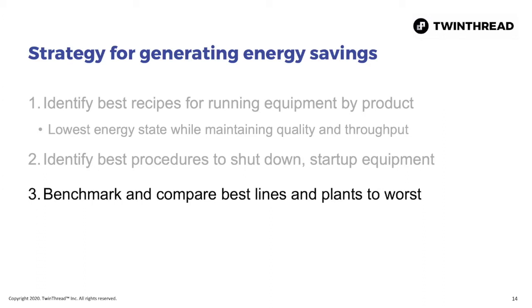What is causing line A to consume more energy on the same product at the same production rate? What are the differences? And by understanding those differences, it can be sometimes some of the most obvious changes that are made to the process to reduce energy. And so this is maybe the most basic, but also potentially the most powerful element of generating energy savings.